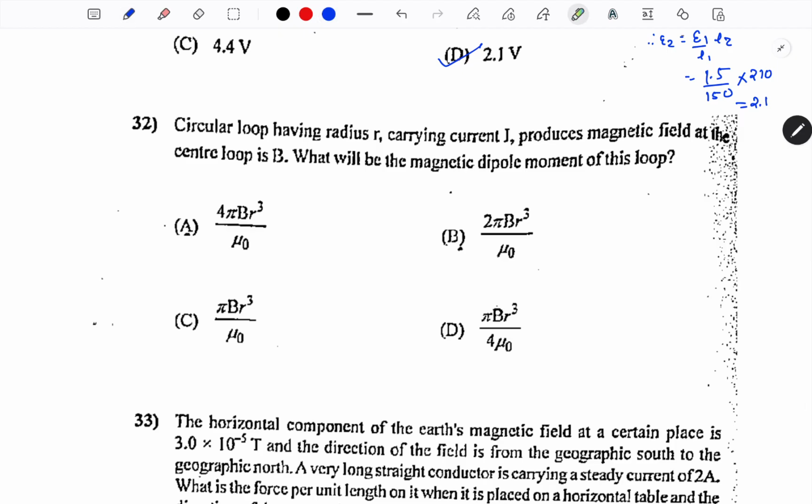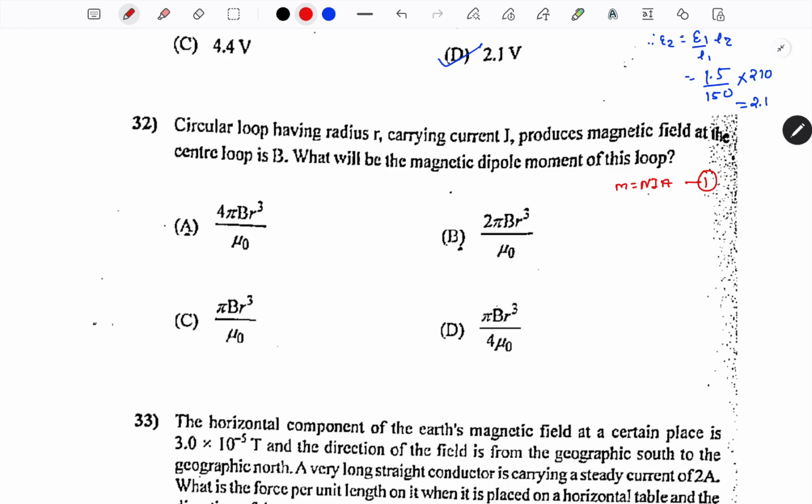Next question. A circular loop of radius R carrying current I produces a magnetic field at the center of the loop, B. What is the magnetic dipole moment of this loop? Okay, so we have to find the dipole moment of this loop. For that, we know that magnetic moment M is equal to NIA, let's say this is equation 1.